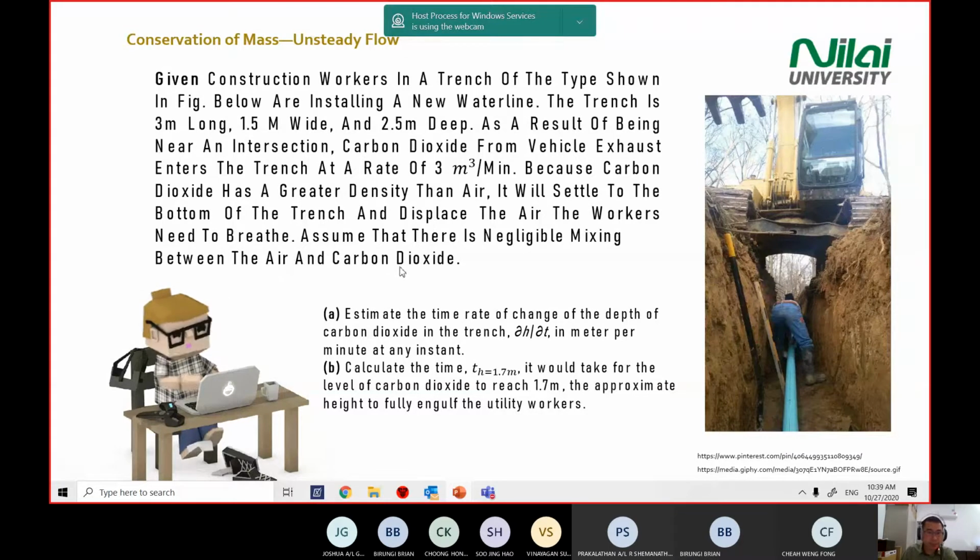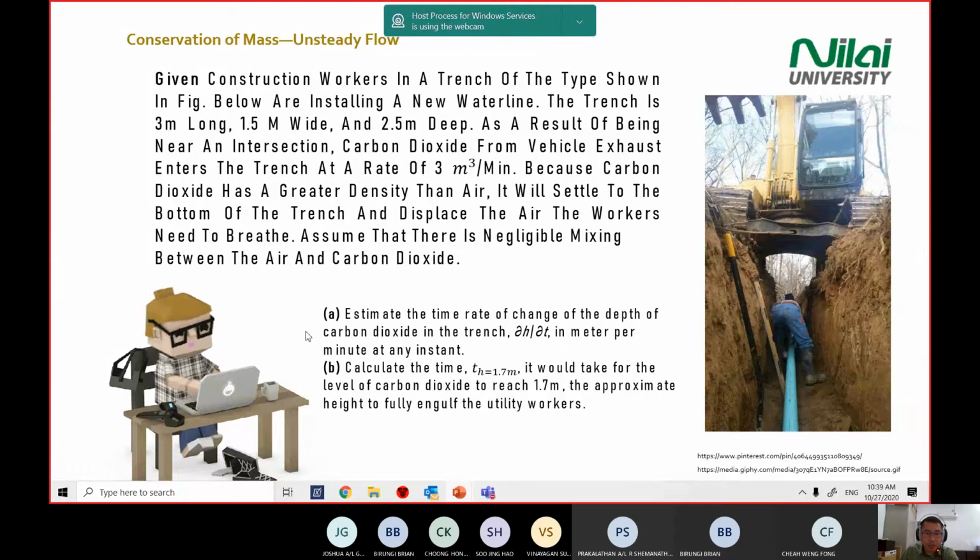Assume there's no mixing. So there are two tasks we need to solve here. First, estimate the time rate of change of the depth of the CO2 in the trench, dH over dt, in the unit of meter per minute in this question.